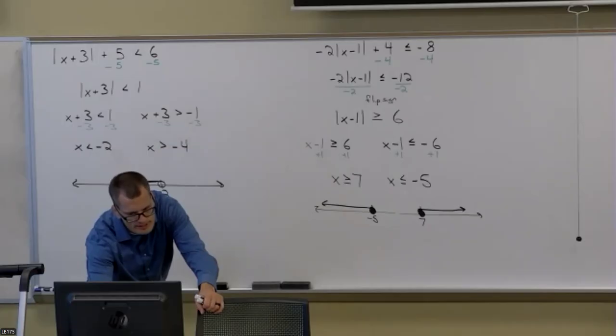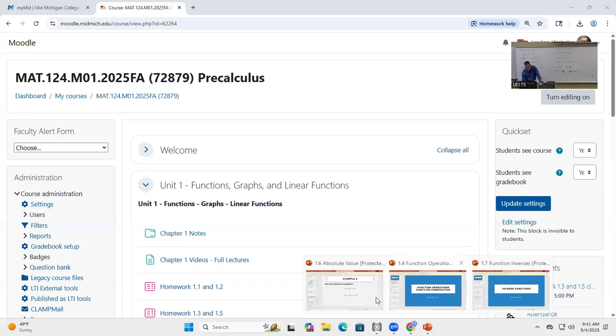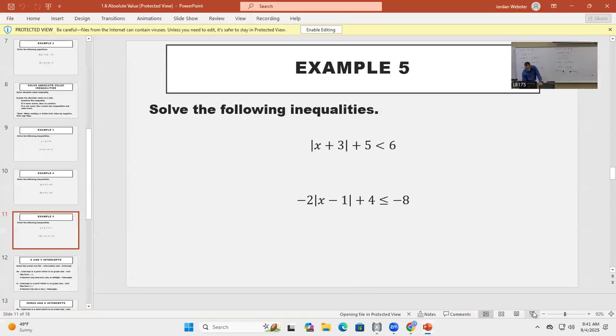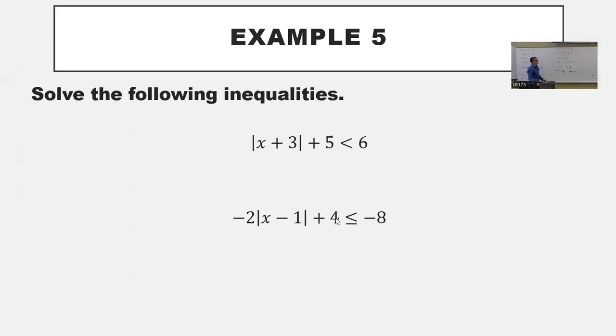Now, inequalities is not the main point of this section. Remember, the main point of this section is to examine and deal with absolute value functions, these transformations of our base absolute value function. So we did transformations of the base absolute value function last class period.